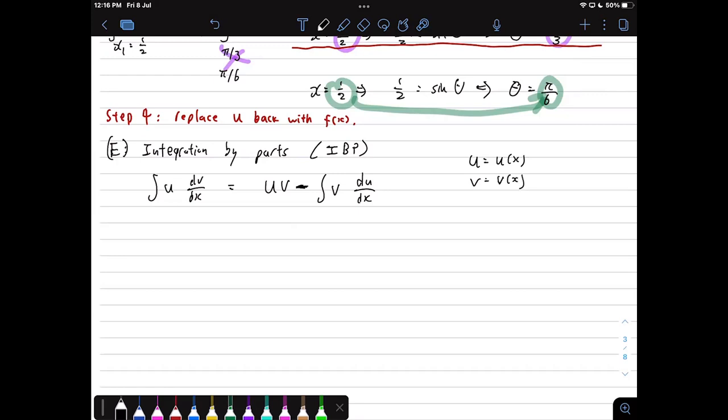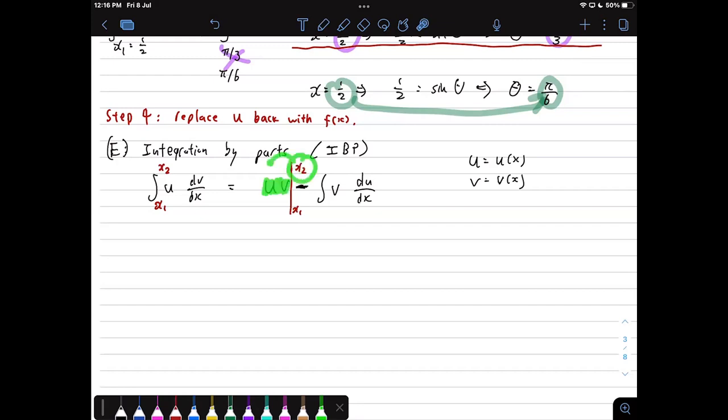Now, notice that I never put the lower and upper limit. If you did, I'll just put it in. If it's x1 and x2 here, you draw a vertical line with x1, x2. You know what this vertical line means, right? It just means that u and v are general expressions in terms of x.